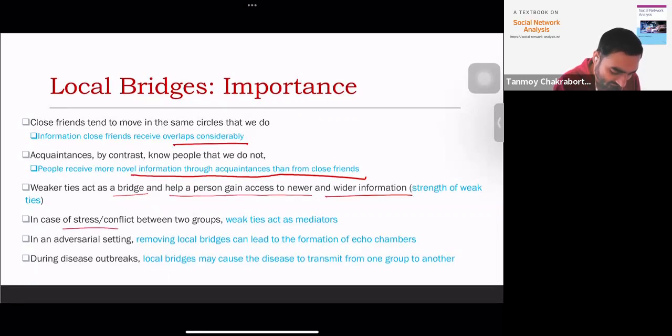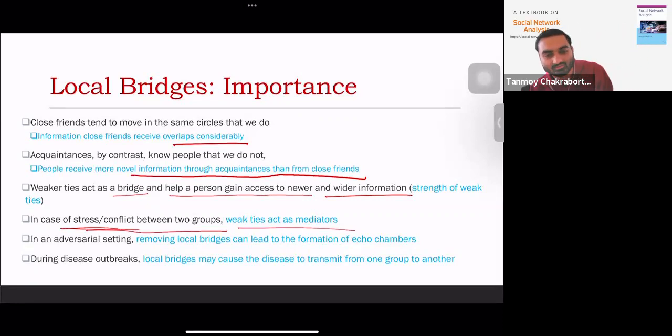In case of stress and conflict between two groups, weak ties act as a mediator, right? And this is very understandable, because let's assume that you are part of a strong group, and there are two nodes in the group who have very conflicting nature.